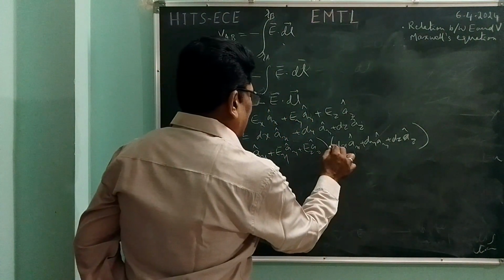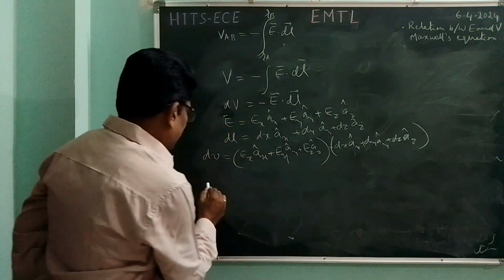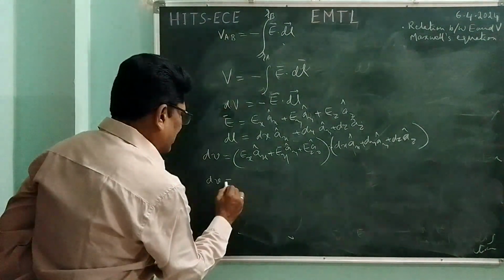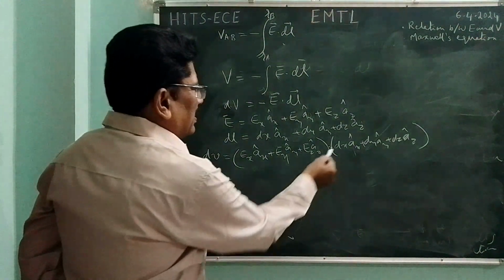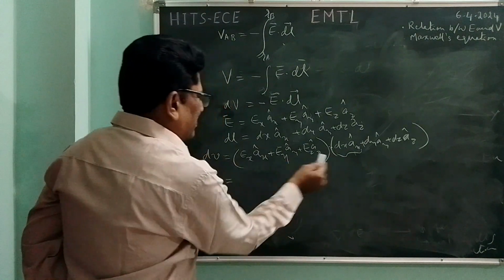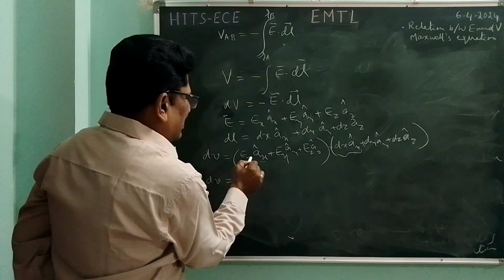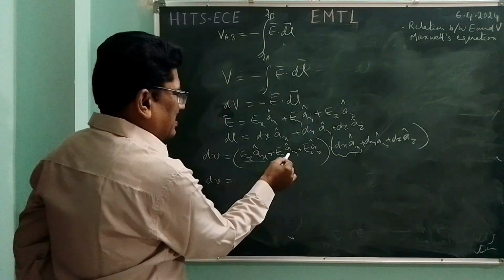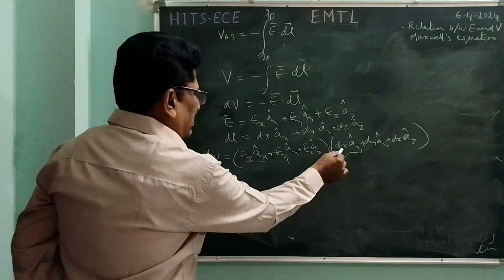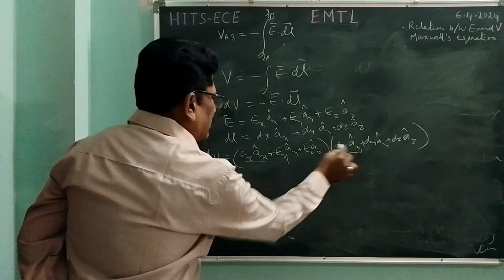Let us find the dot product of these two expressions. The first term is multiplied with the first term, then the second term, and then the third term. So multiply these two terms now.